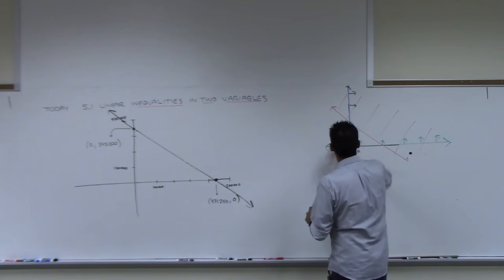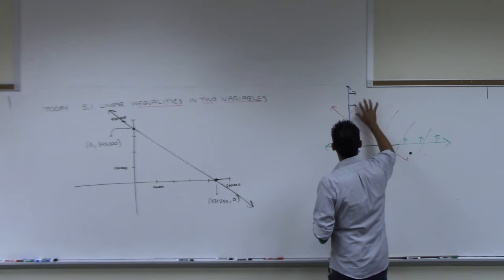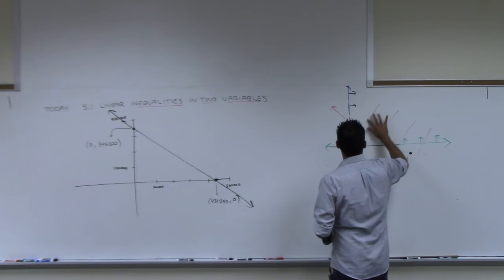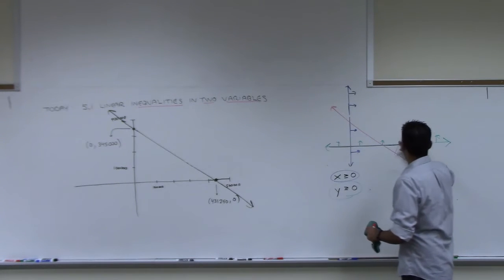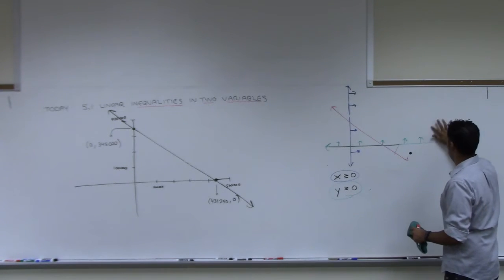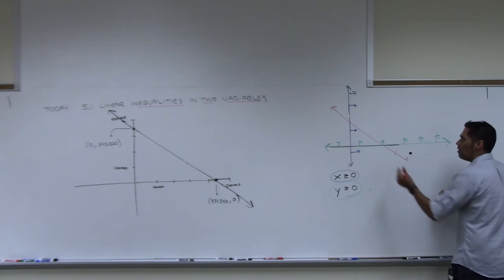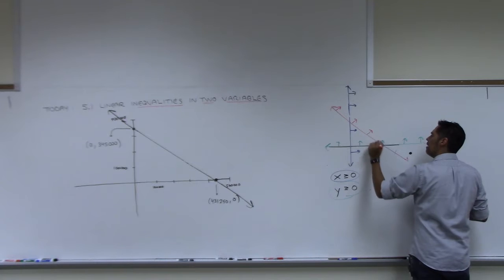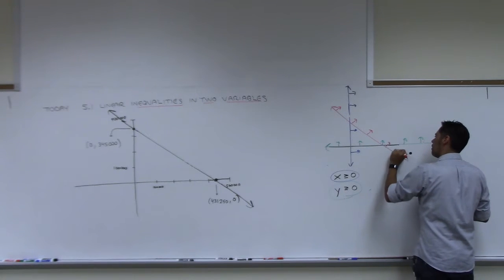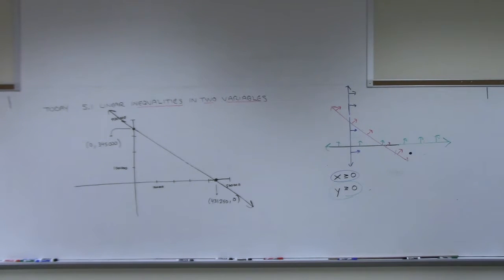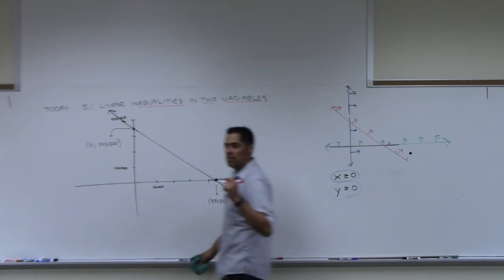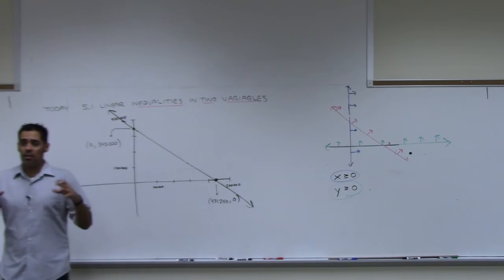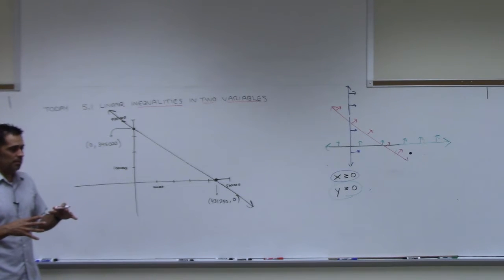I'm going to take out the shading part. I know it's everything up there, right? But I'm going to draw these little red arrows instead. So your answer is the region that all the arrows are pointing at.